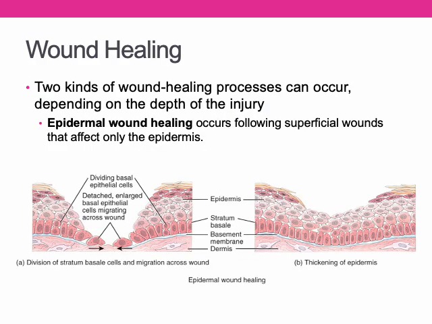Let's talk quickly about wound healing. There are two kinds of wound healing. The first one is epidermal wound healing, and the second one is deep wound healing. The epidermal wound healing is a pretty fast one because the damage has occurred to the epidermis, so usually it's a pretty fast recovery.